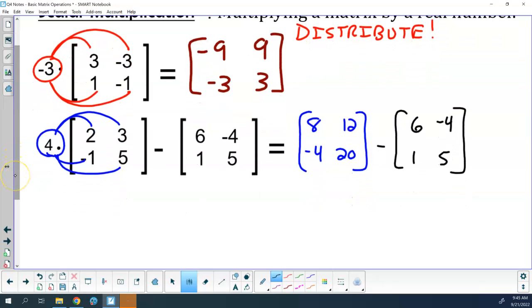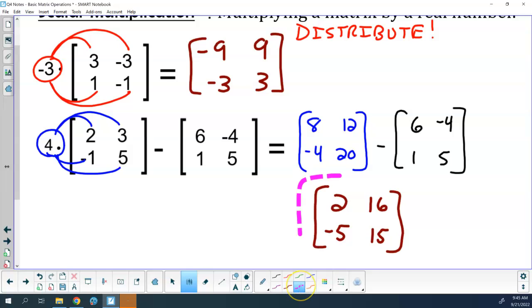And then, so 8 minus 6 is 2. 12 minus negative 4 is 16. Negative 4 minus 1 is negative 5. And 20 minus 5 is 15. Yes? 2 by 2 matrix, 2, 16, negative 5, 15.